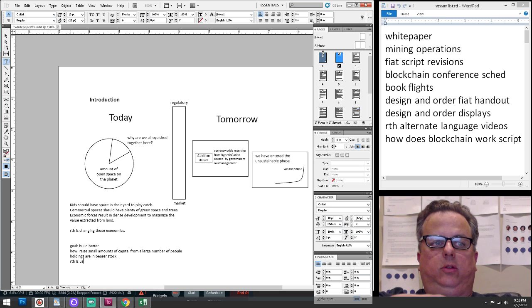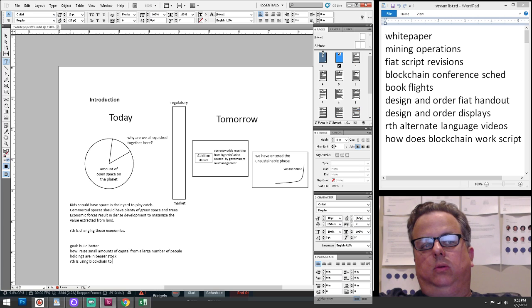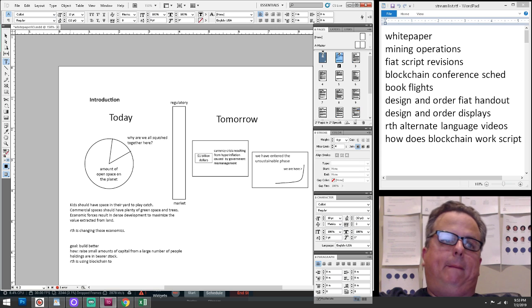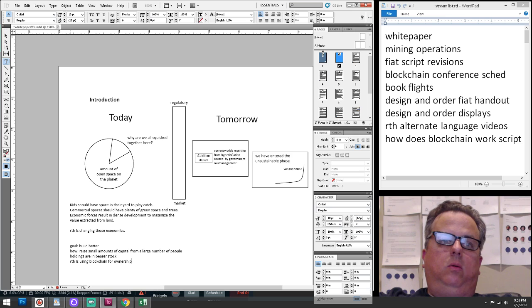Earth is using blockchain to, we'll say, keep records.